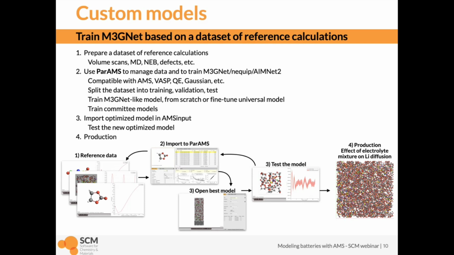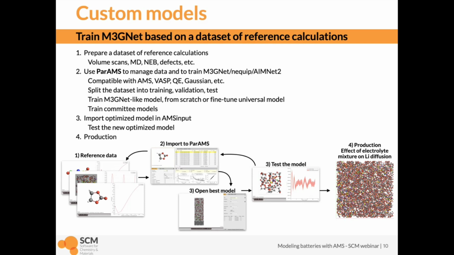We integrated machine learning training into our tool ParAMS. With ParAMS, in the past, you could use it to train ReaxFF and xTB parameters, so DFTB parameters. And we've extended it to train machine learning potentials. For now, you can train M3GNet and NequIP.